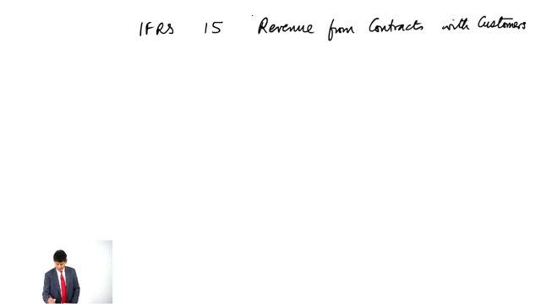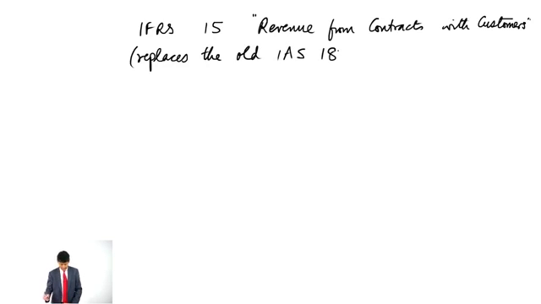Revenue from contracts with customers, that's the new IFRS. And basically it replaces, please write these notes with me, the old IAS 18, which was called revenue, and IAS 11, which was known as construction contracts.